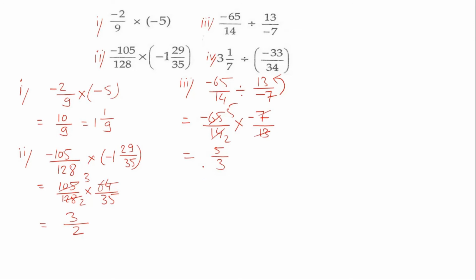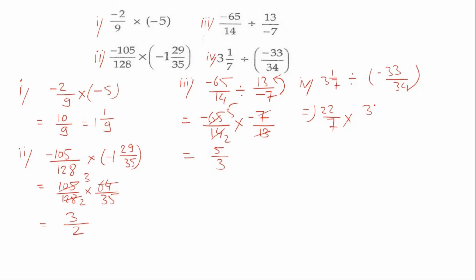Now next one is number 4. 3 whole 1 by 7 divided by minus 33 by 34. Same, first work is to convert mixed fraction into improper fraction. It will be 22 by 7 into, as we have changed the division into multiplication, so this number will get reversed.